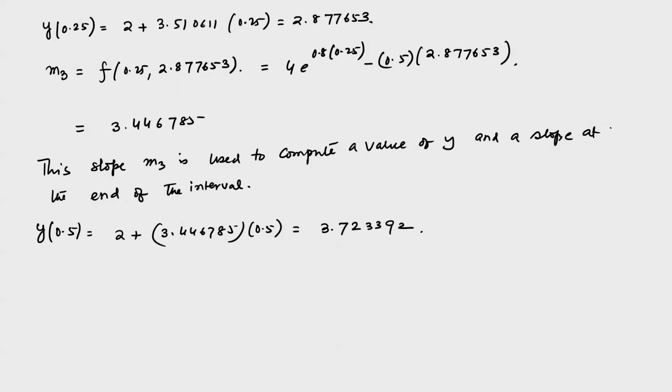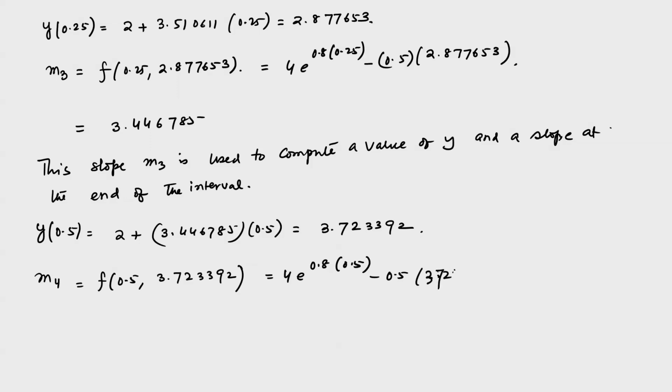So, M 4 is equal to f at 0.5 and 3.723392, which is equal to 4 e to the power 0.8 into 0.5 minus 0.5 into 3.723392.